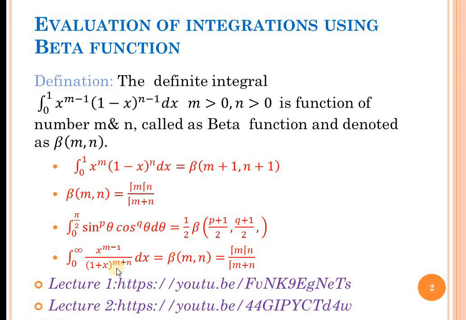And one more property: the value of integration from 0 to infinity x raised to power m minus 1 upon 1 plus x raised to power m plus n dx is beta of m comma n.